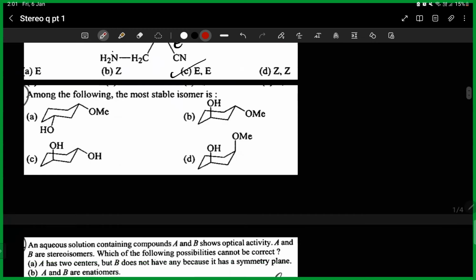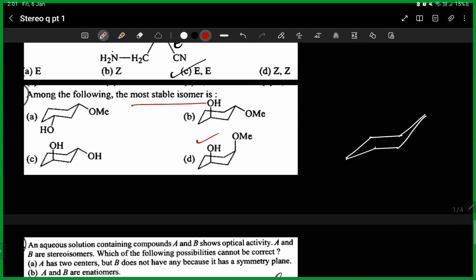Right? Easy. Now, among the following, the most stable isomer, they gave a cyclohexane. Whenever they ask for stability, check for hydrogen bonding. Right? So there are some other rules also. Let's discuss them during conformational isomerism. So cyclohexane, check for hydrogen bonding. So let's see the hydrogen bonding possibilities.